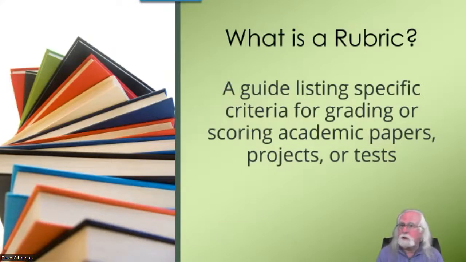It consists of a series of criteria normally that you feel are important for a particular completion of a particular assignment or discussion topic or an essay question on a test or whatever, and it includes an ability to indicate how well a submission for an assignment meets the criteria that you have set.